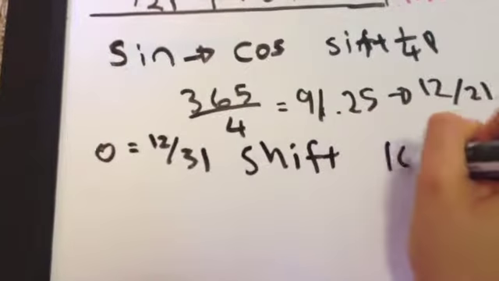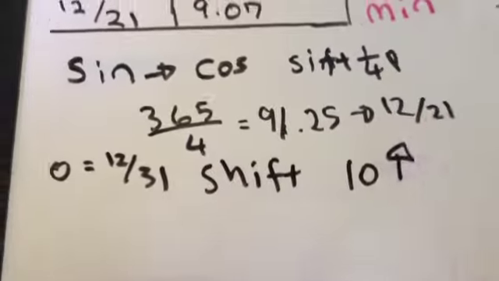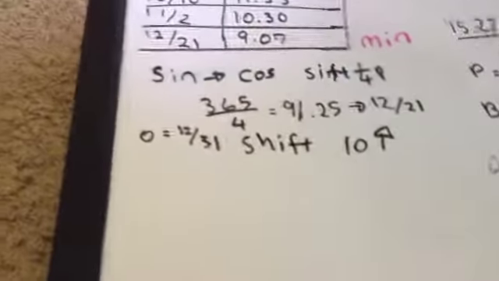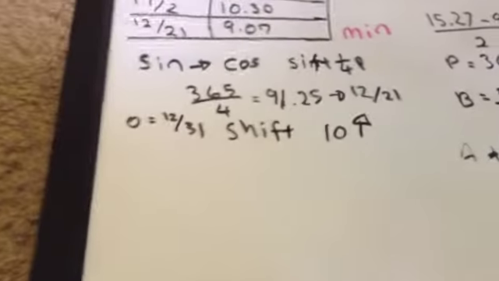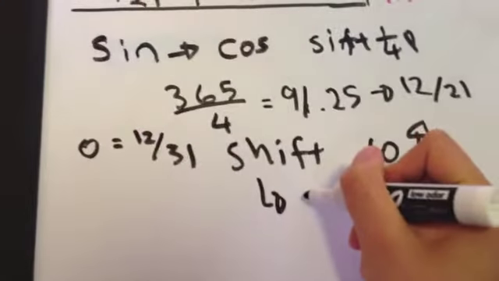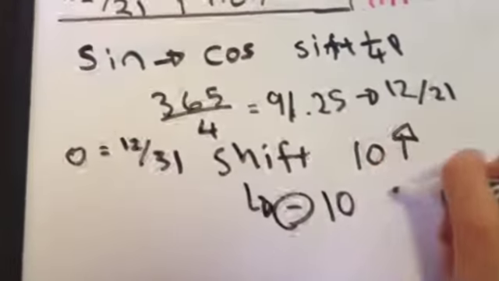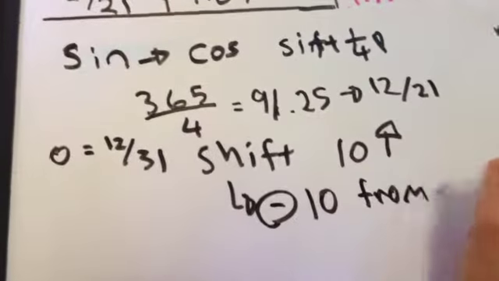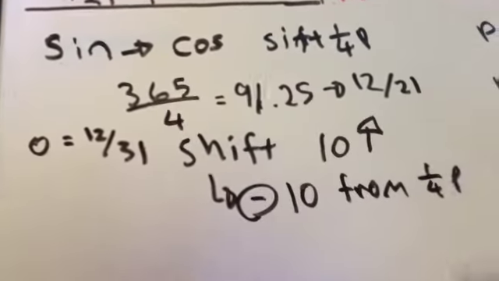Shift 10 up to a more positive direction towards the maximum, which means we are going to be subtracting 10. So that means we subtract 10 from a quarter period.